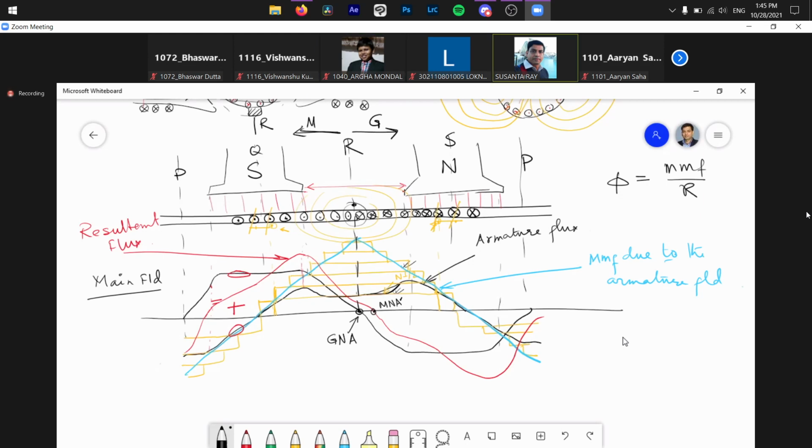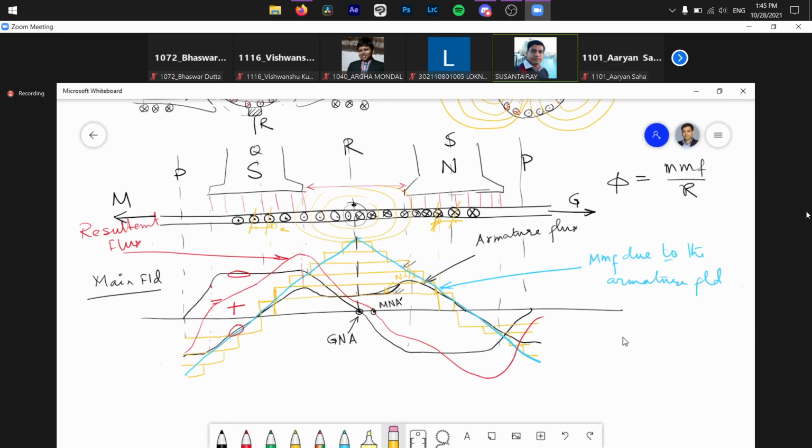And what is rotating? The North Pole, South Pole, or this band of armature conductor? The armature conductor band is rotating, isn't it? So this is the generator and this is the motor. Better to write it here, not at the top, because the field system will not rotate. So that is part of the stator.